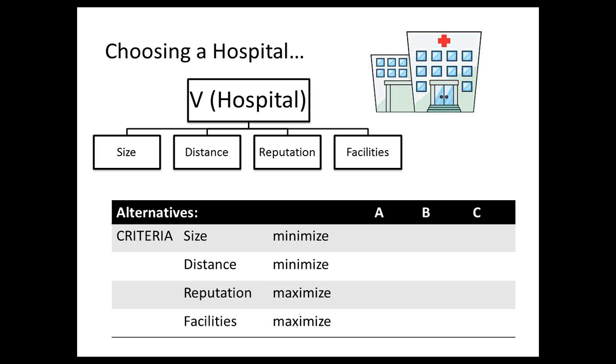So once it's clear what your criteria are and what your objective is with regard to the performance of your alternatives with regard to these criteria, you have reached the evaluation stage of your analysis.